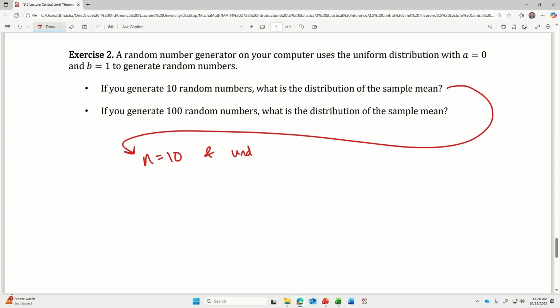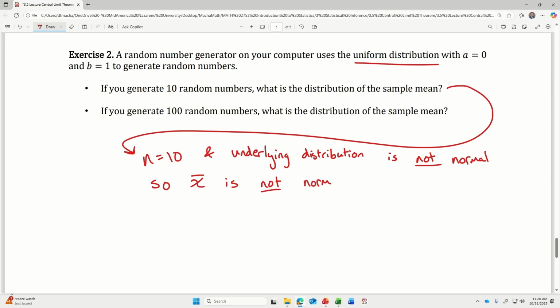This underlying distribution is not normal. It's a uniform distribution. So the sample mean is not normally distributed.